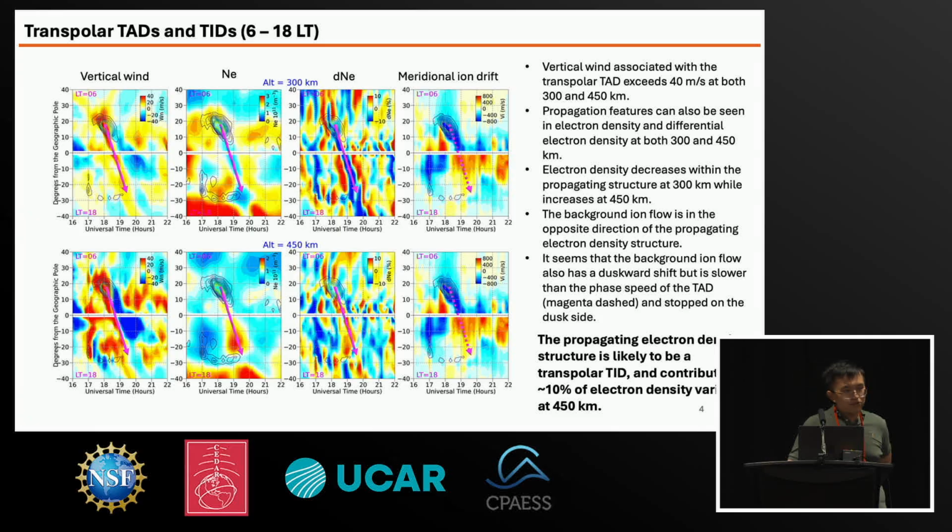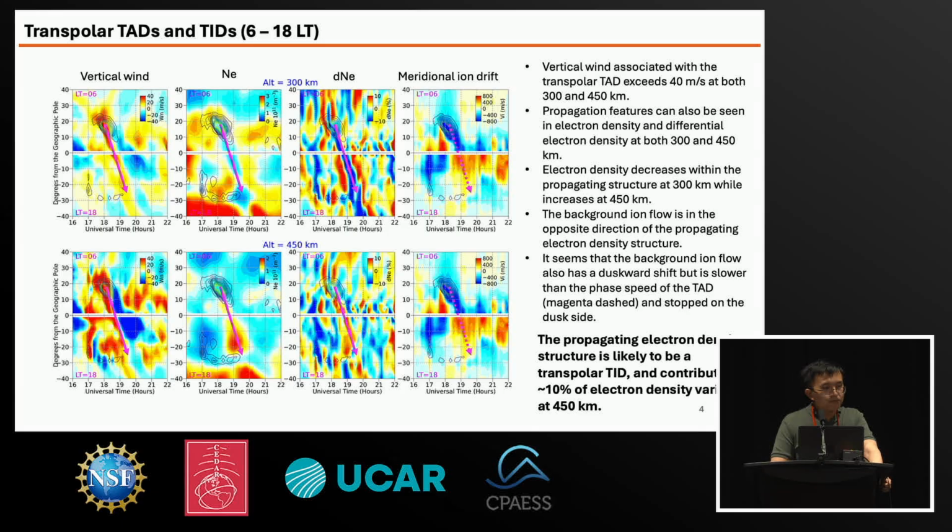So it might suggest these are not patchy structures that propagate from the dayside to the dark side due to the background ion flow. It's likely that this is indeed a transporter TID.